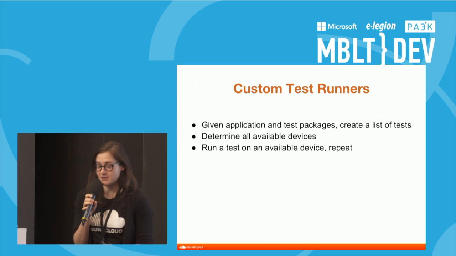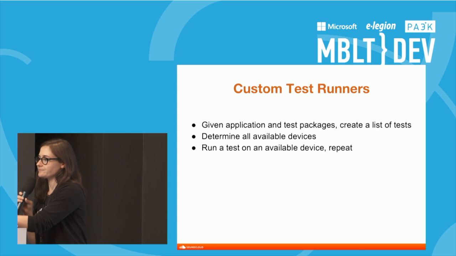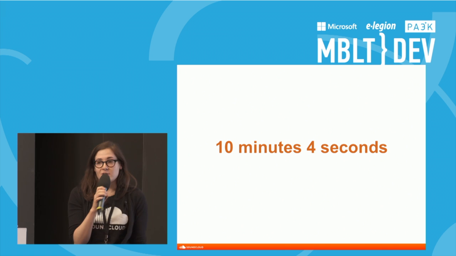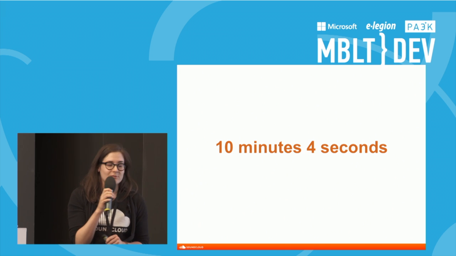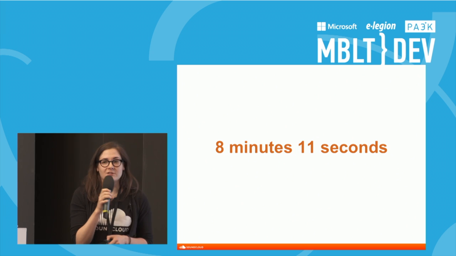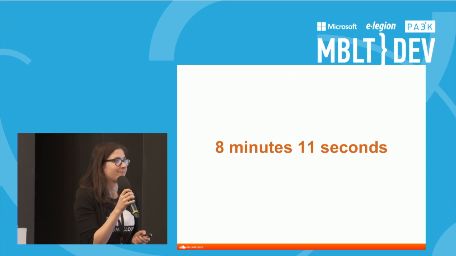Repeat until there's no test left. This gives us a nice new number of 10 minutes and 4 seconds, which is how long it takes to run all of our iOS UI acceptance tests across multiple devices, or even nicer, 8 minutes and 11 seconds for Android.